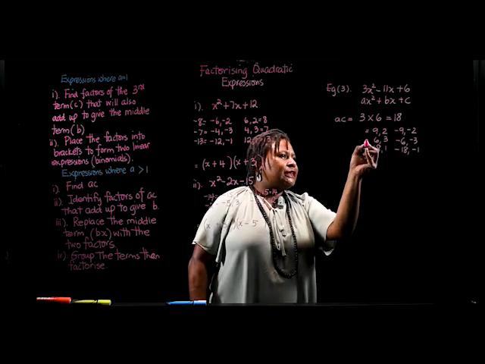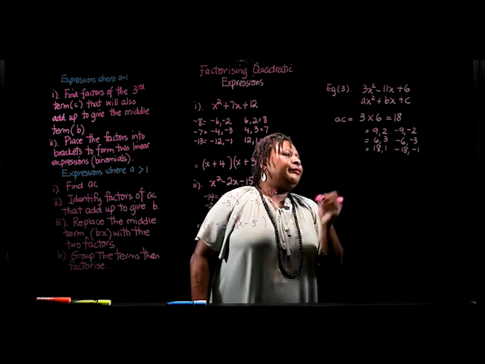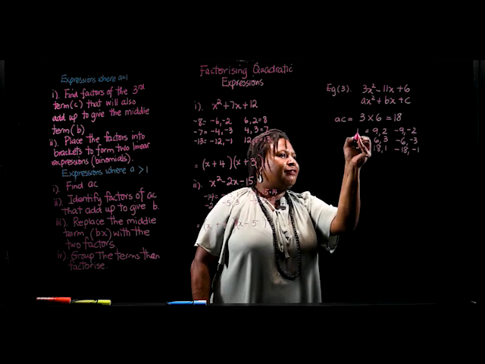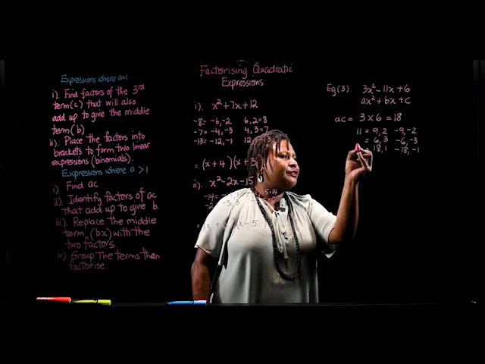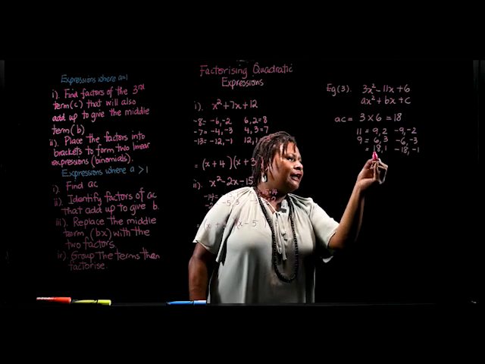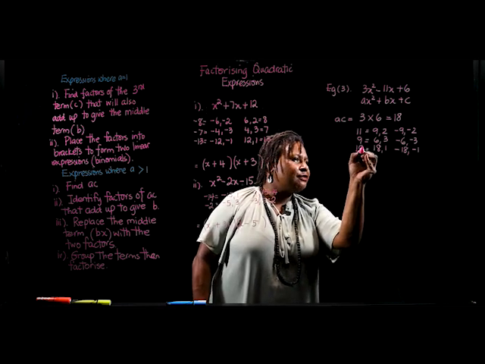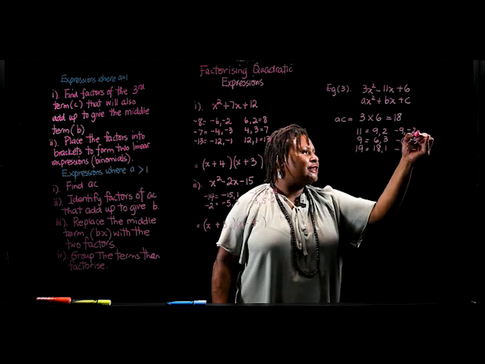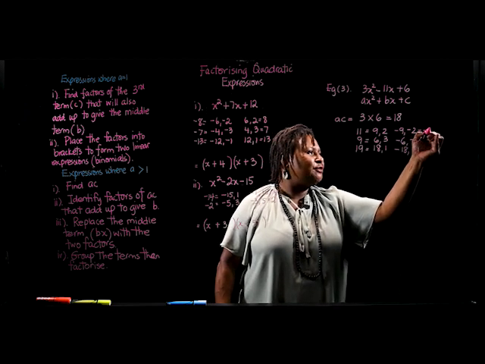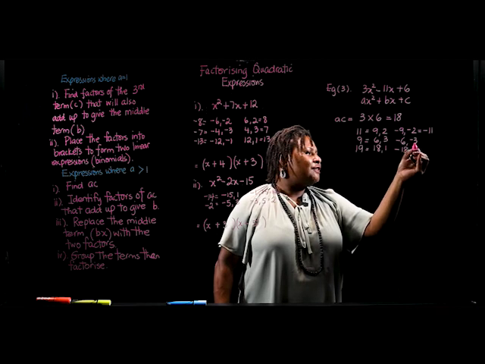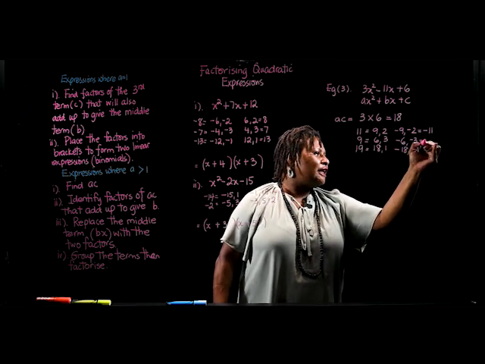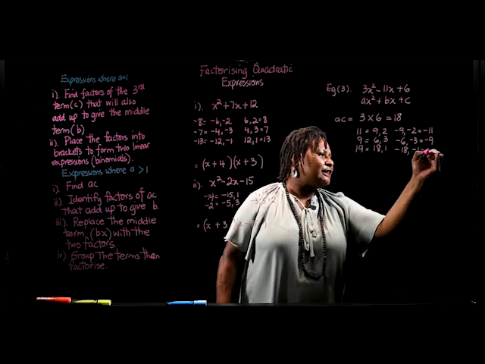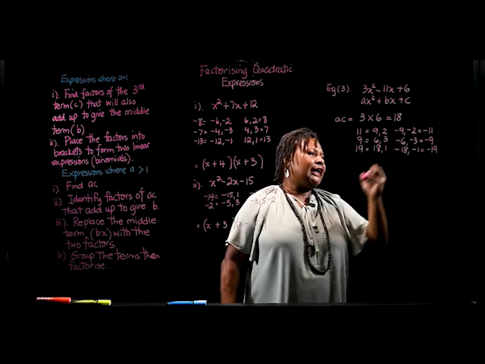Let's go through. What is the sum? 9 plus 2 is positive 11. 6 plus 3 is positive 9. 18 plus 1 is positive 19. Okay. Negative 9 plus negative 2 is negative 11. Negative 6 plus negative 3, negative 9. And the sum here in the last two factors is negative 19.